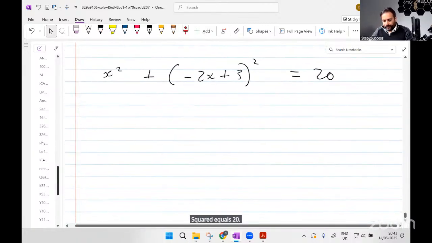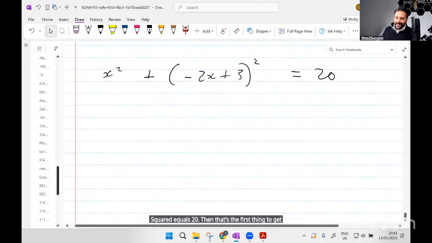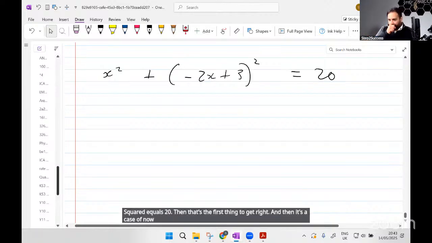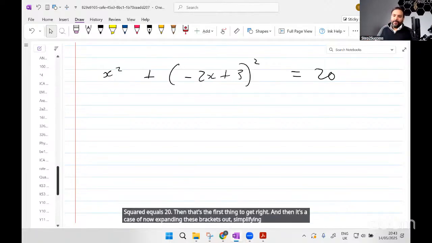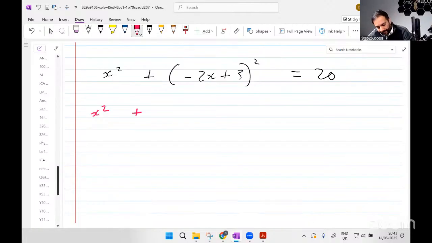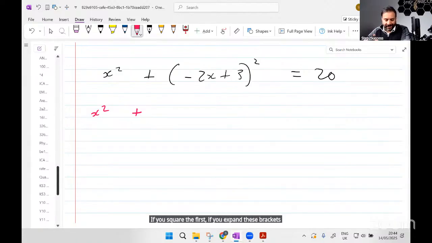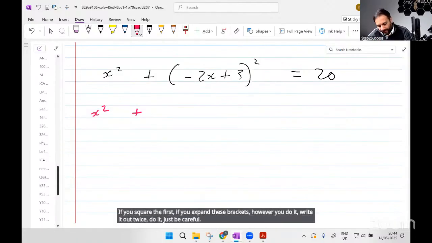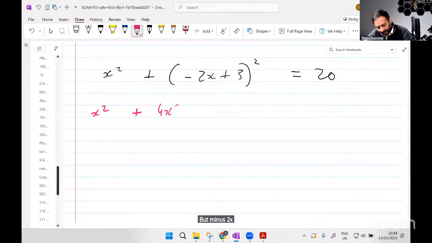That's the first thing to get right. Then it's a case of expanding these brackets out, simplifying it, and you'll end up with a quadratic equation that you have to solve. If you expand these brackets out, however you do it, write it out twice, just be careful. Minus 2x all squared is 4x squared.